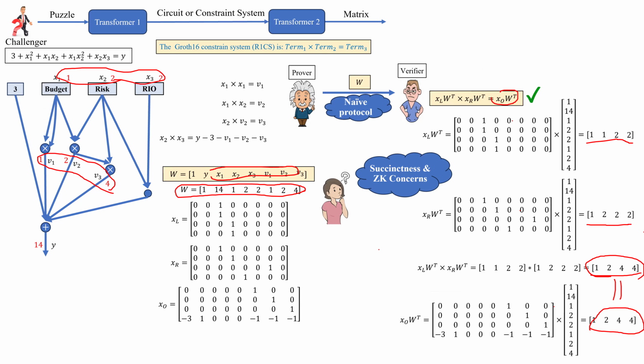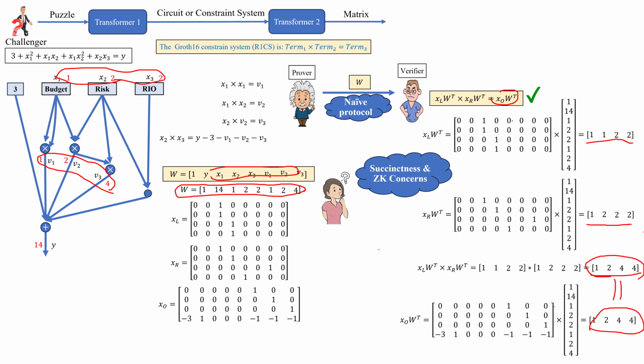And also, if the size of the circuit is so big, the size of the vector W also is not small. So the size of the proof also is so big. The other concern is the ZK concern, which is actually more important for us.